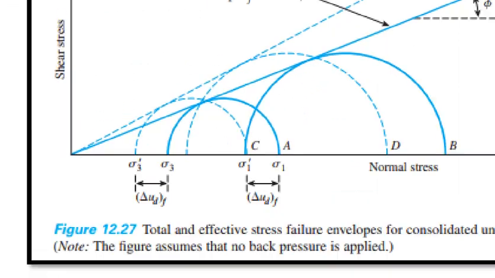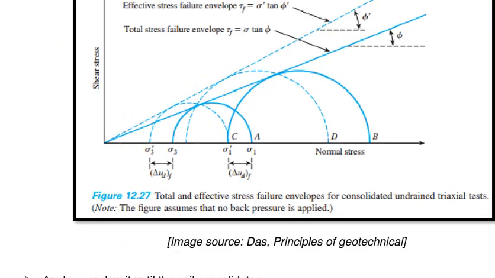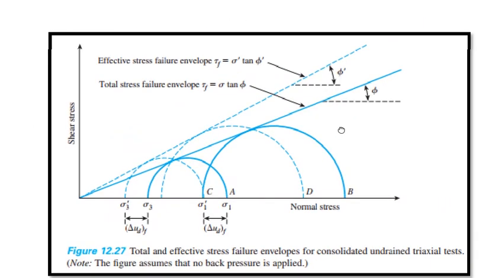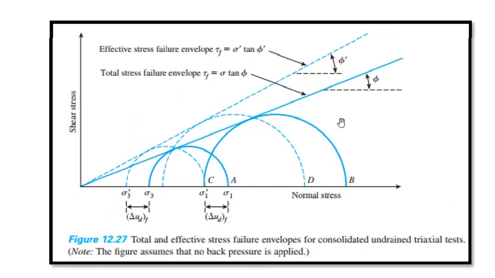So we have here the Mohr circles of our CU test. We have here the sigma 3 for the first specimen. We have here the value of sigma 3.